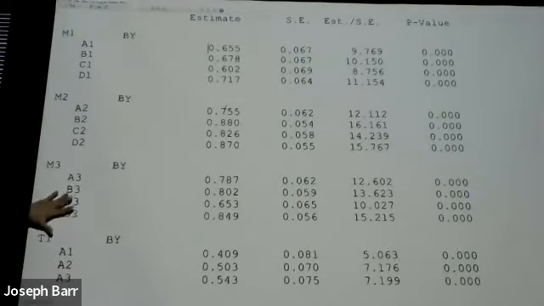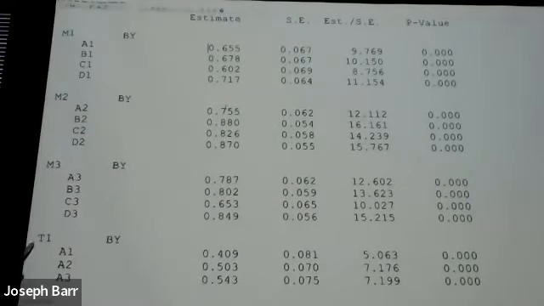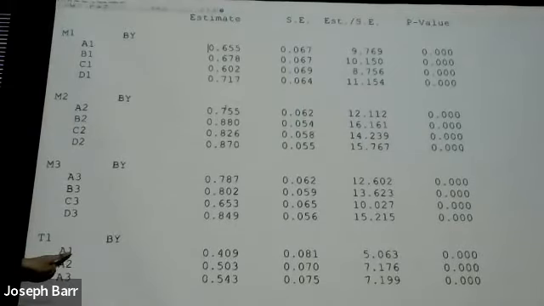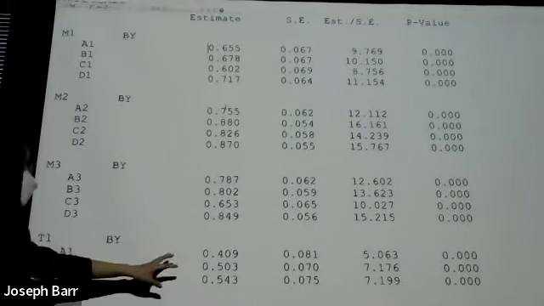Method 3 is measured by these 3. Trait 1 is measured by these 3: prominence scored by the person itself, prominence scored by a peer, prominence scored by an observer. So this is the prominence trait.